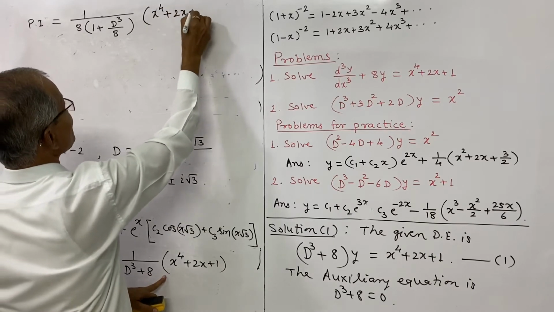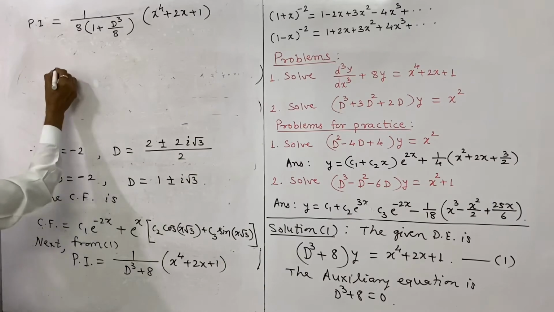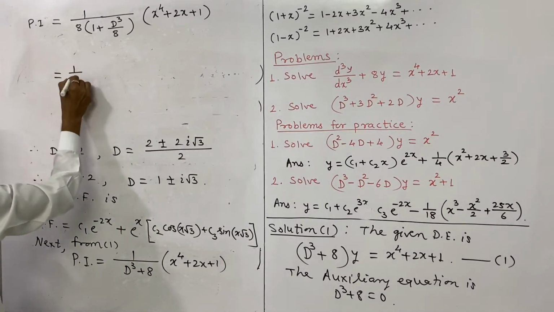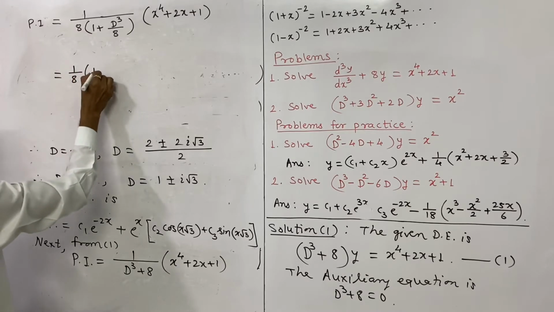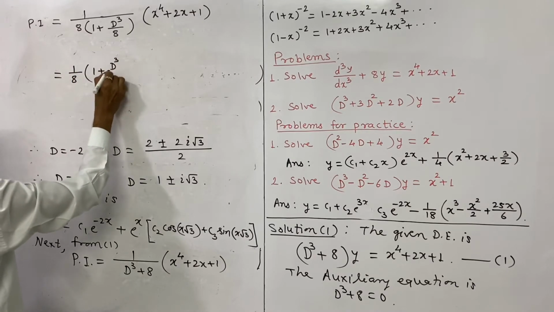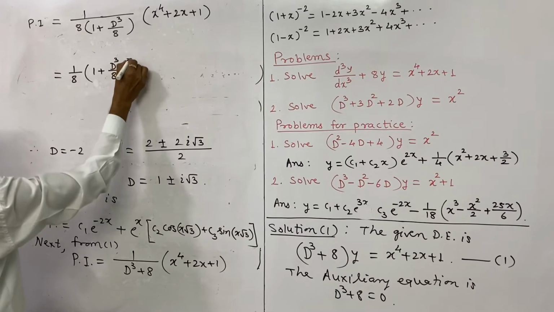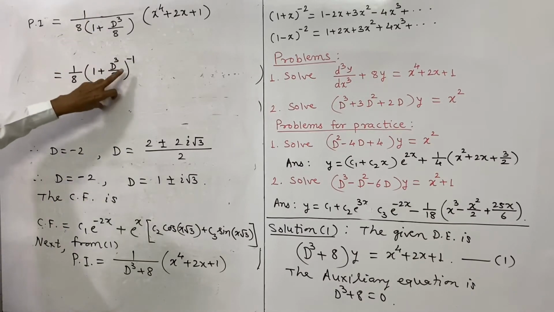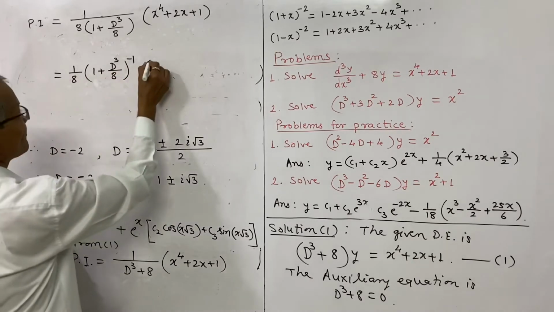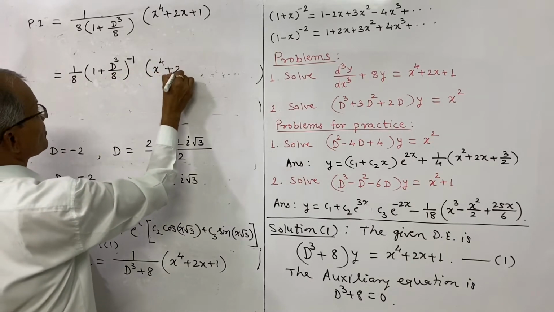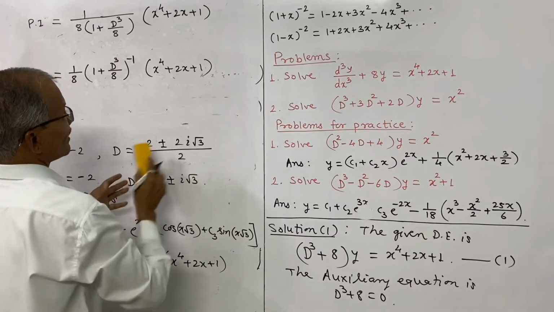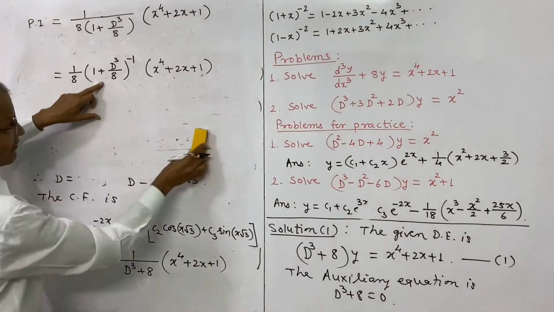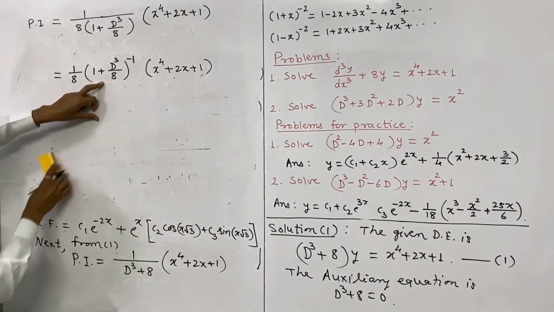plus 2x plus 1. Now 1 by 8 is separate, and this we should write as 1 plus D cube divided by 8 to the power minus 1, operated on x power 4 plus 2x plus 1. So this is to be expanded. We have written the formula for this, 1 plus x power minus 1.